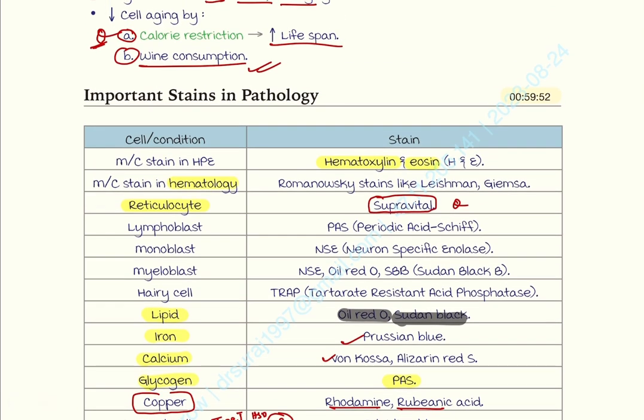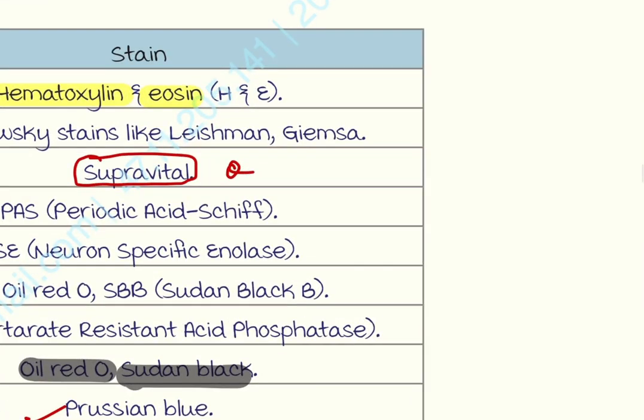What is the stain that is used for reticulin fibers? Silver is used for reticulin fibers.